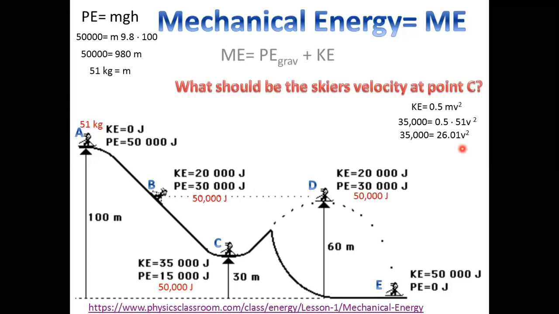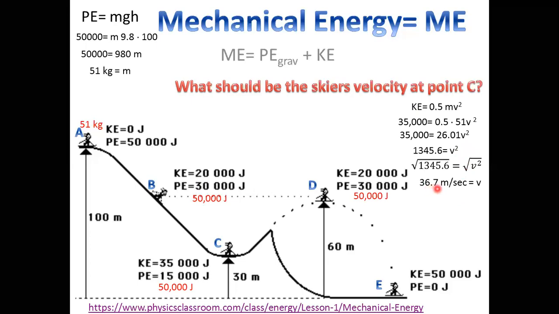We could divide each side of the formula by 26.01. We end up with a new version of the formula again. V squared is equal to 1345.6. Notice this is V squared and not V. Therefore, we'll have to take the square root of each side. Lo and behold, we end up with the velocity of the skier, or V.